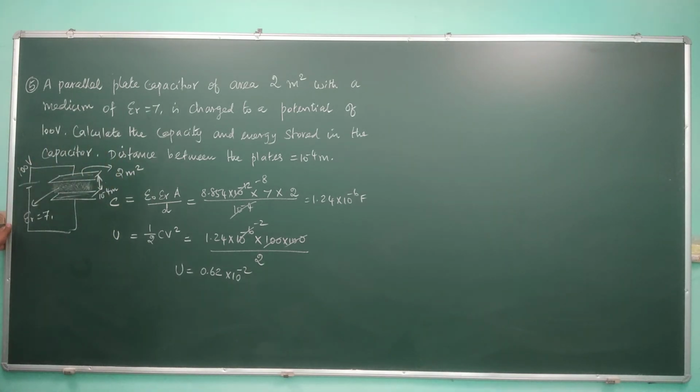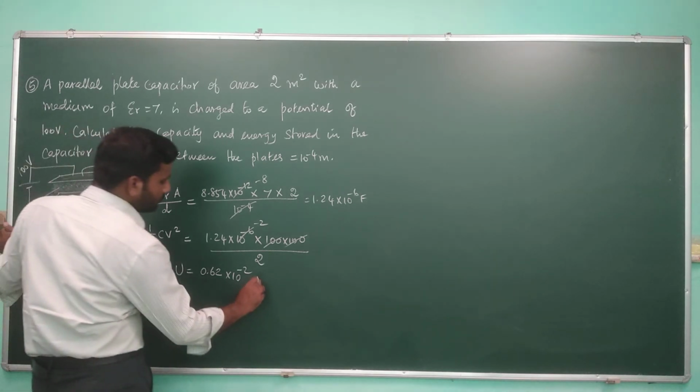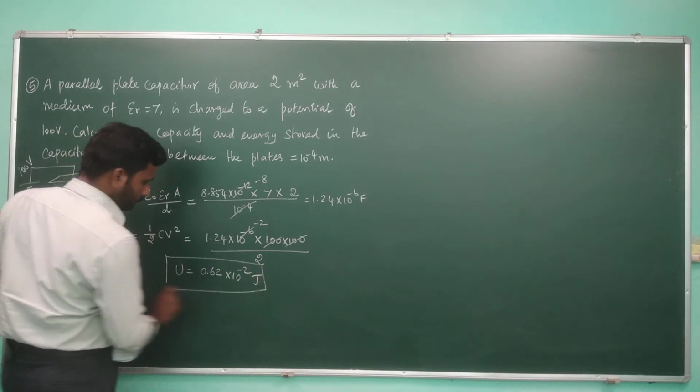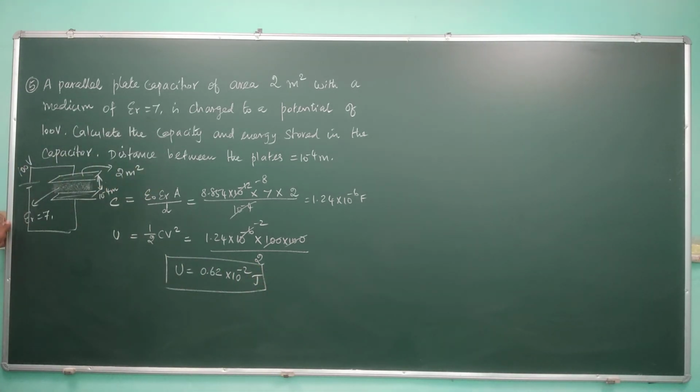This will be the U, the potential energy, that will be in joule. That's it. So in this way you can calculate the capacitance and potential energy.